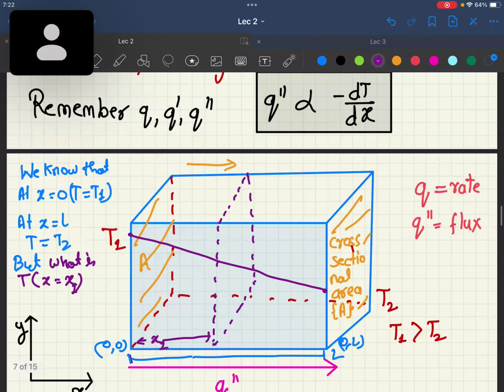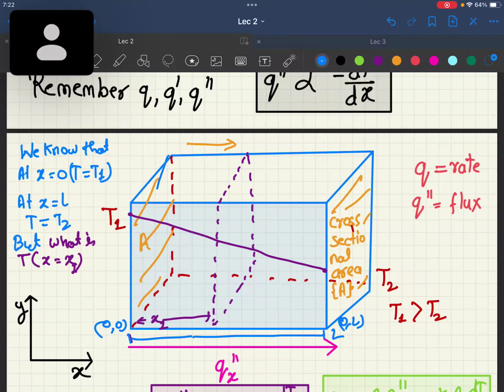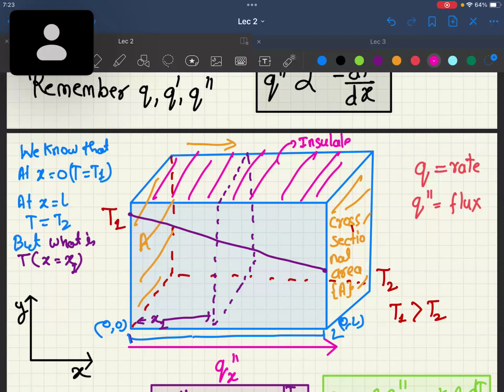You just show like this. Maybe red color you can use. Pink I will use. ठीक है? This part is insulated. So it is going to get transferred in this direction only.